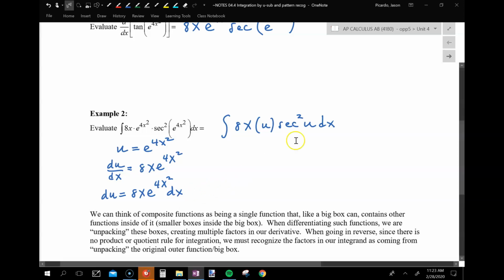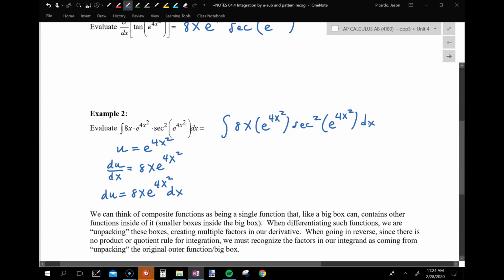All right. I want to go back up to here for a minute. What if I didn't make this a u? What if I left it the way it was? Then it would have said this. Correct?